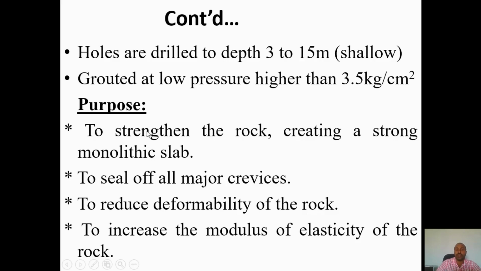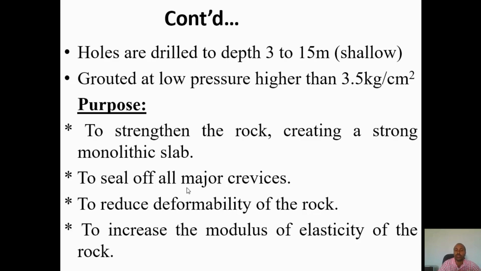So the main purpose of consolidation is to strengthen the rock, creating a strong monolithic slab. Strong monolithic slab, so monolithically bonded together. Each layer and each strata will be monolithically bonded together, so that you will have a strong rock formation, and to seal off all major crevices, holes, cavity zones, and fracture zones, and to reduce deformability of the rock.